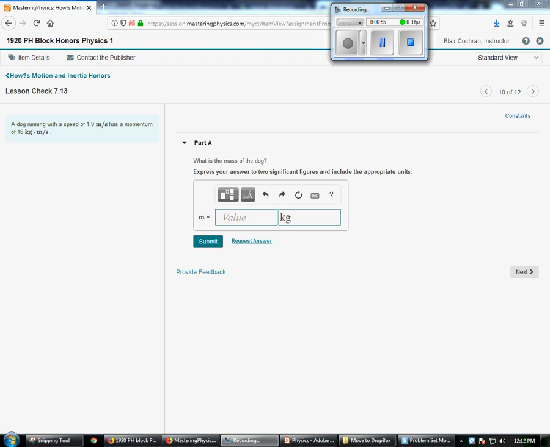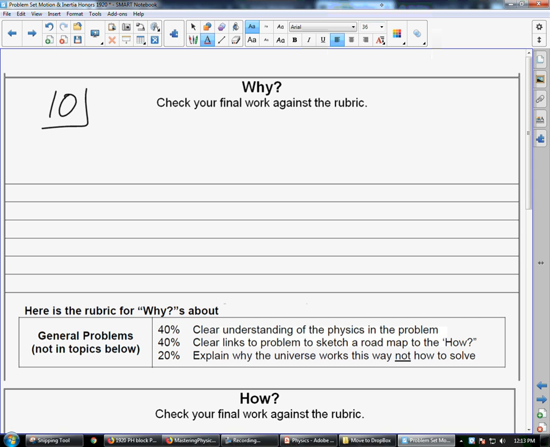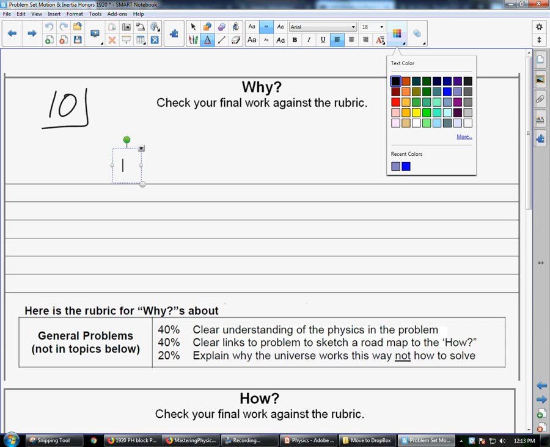All right, so. I don't know why this one's colored like that. Oh, what was the second favorite color? Yellow.